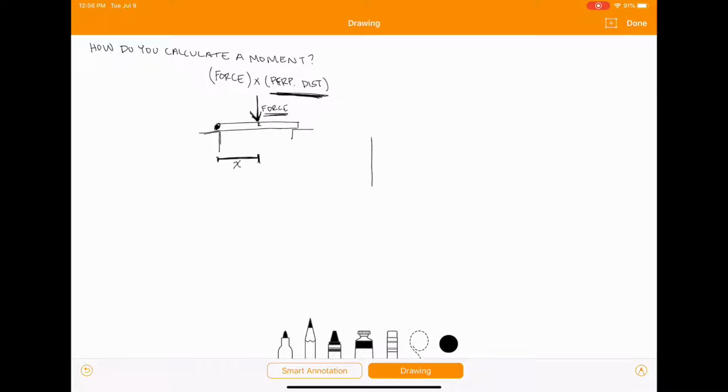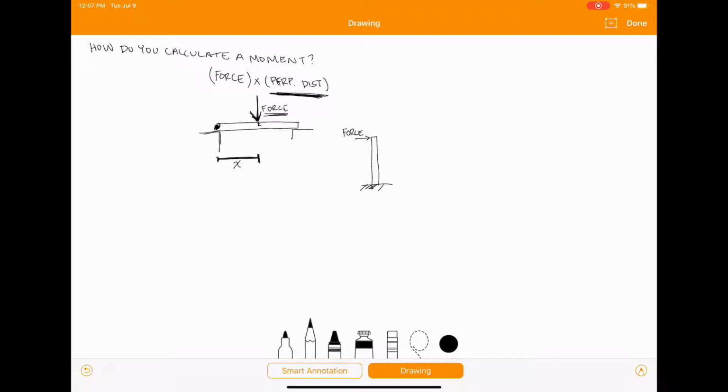Similarly, if we have a column that is fixed to the ground and we have a force acting here, that force might be the wind, perhaps.